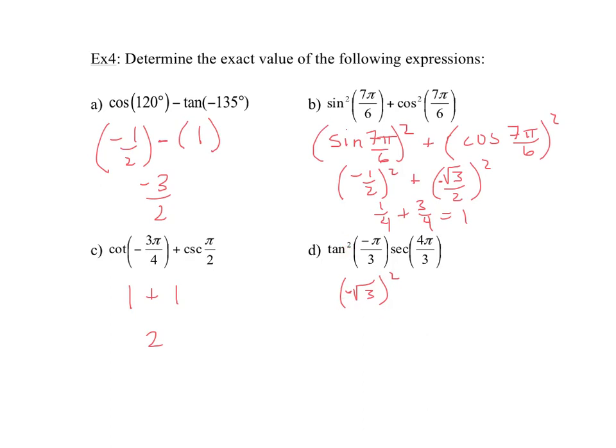So it's negative square root of 3, squared. And secant of 4 pi over 3. Again, looking at your unit circle, 4 pi over 3, you're looking for the value of cos. The value of cos is -1/2. So when you flip it, you get -2. So what you have is 3 times -2, and you have -6. Okay, good luck, guys.